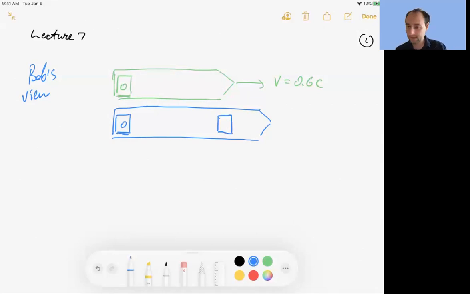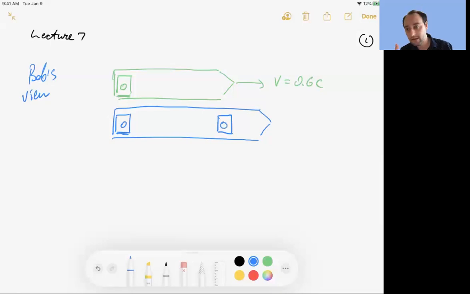Obviously it reads 0 here because all his clocks are synchronized. So at the instant when the backs are aligned, his back clock reads 0, so all his other clocks read 0, right? So Bob is looking out this window, and he sees that right at that moment, that window is aligned with the front of Alice's ship.